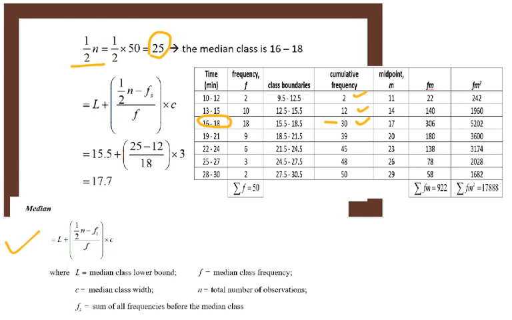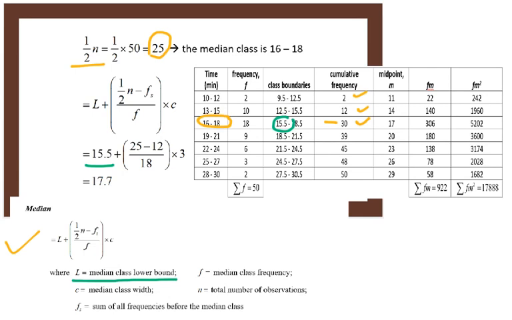L is the median class lower bound. Your median class is 16 to 18, so the lower bound of that class is 15.5. You substitute 15.5 here, that's your L, and then you have plus, and in the bracket you have 1 over 2n.